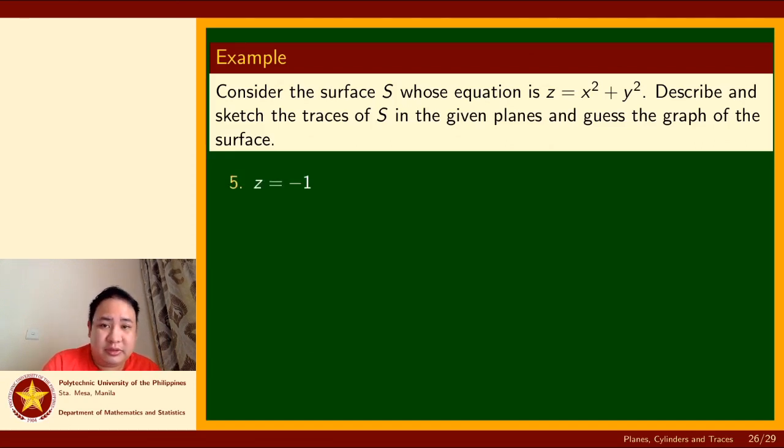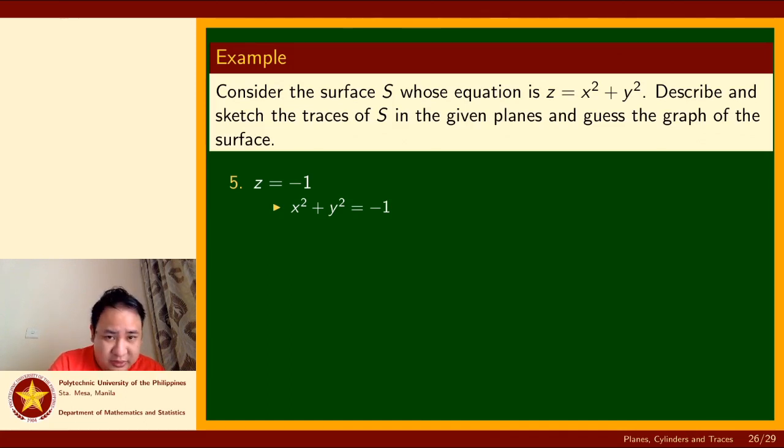How about on the plane z equals -1? Z equals -1 is just a plane that is parallel to the xy plane, but 1 unit below the xy plane. If we do the same technique, we substitute z equals -1, we get this equation. Now notice that this equation is always false. It can never be true because the left-hand side consists of squared quantities and the right-hand side is -1.